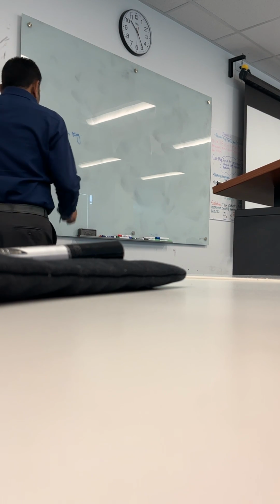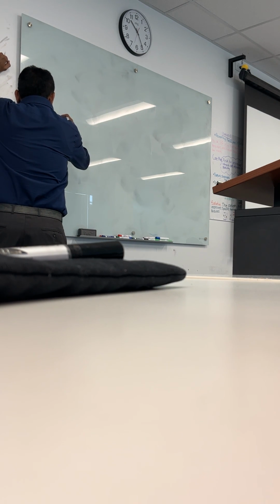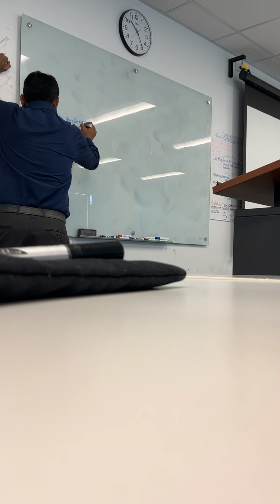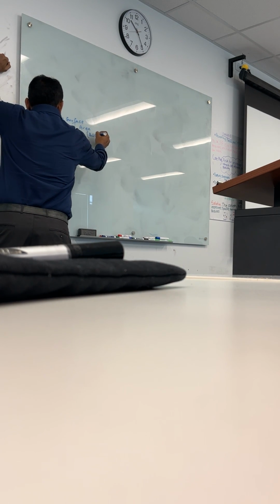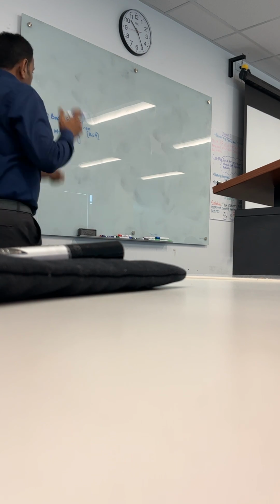Now, if it is the second best, what is the first best way? The first best way, friends, is called body surface area. That is also called BSA. Body surface area.